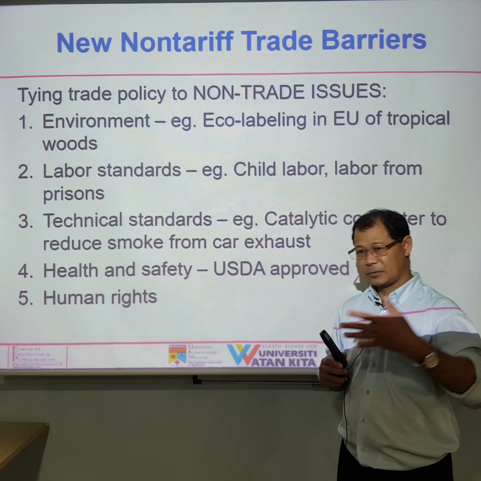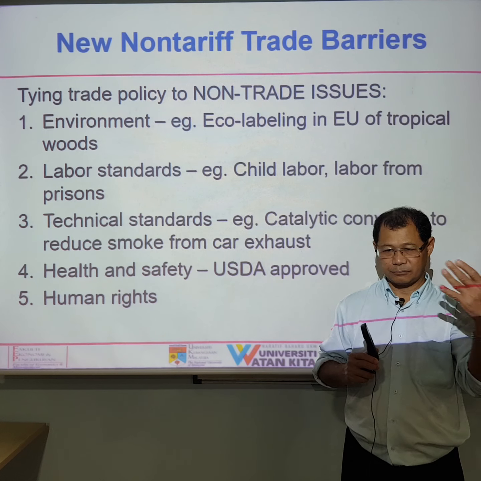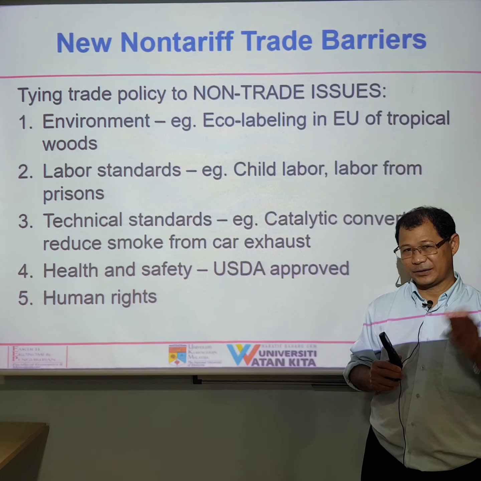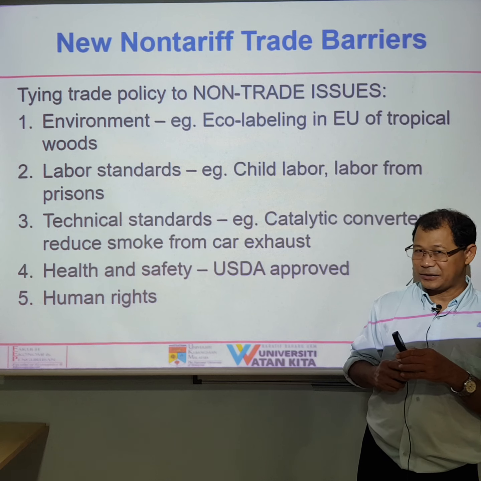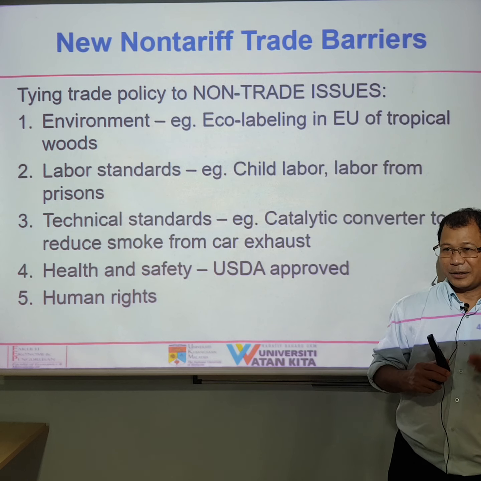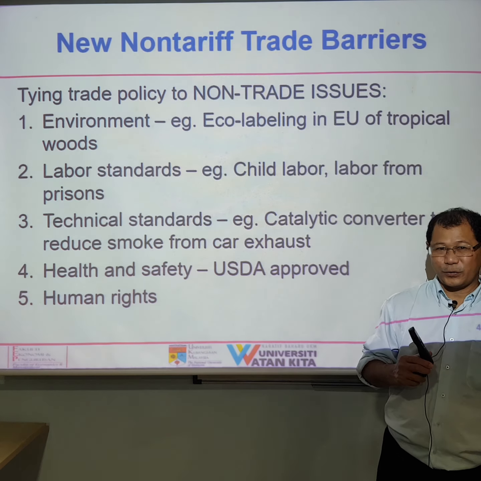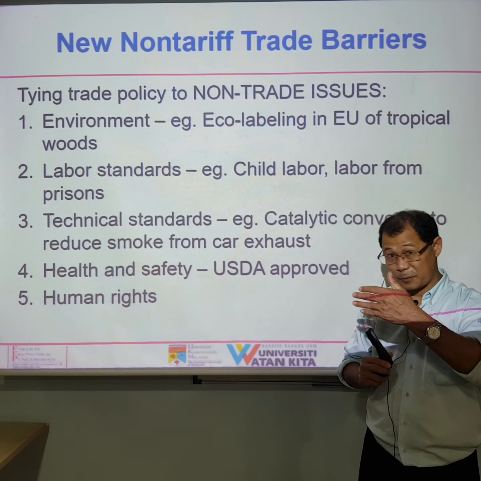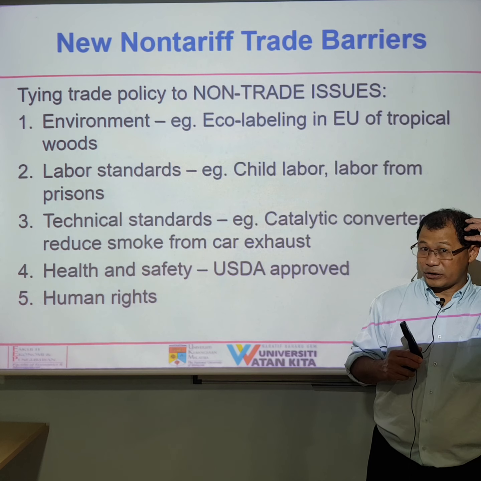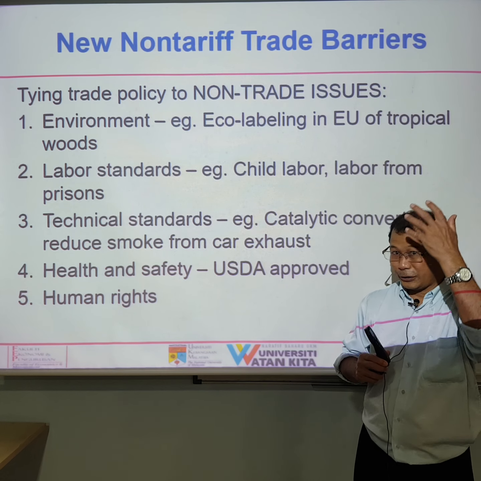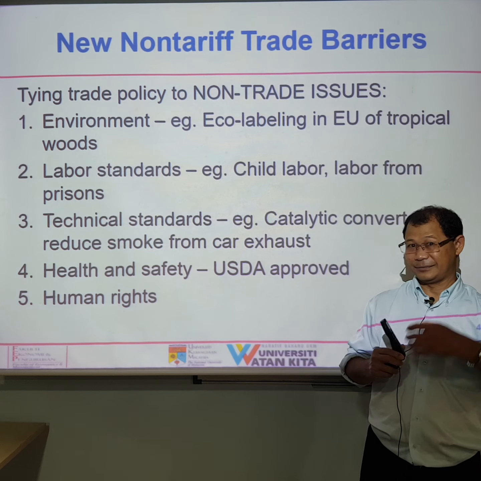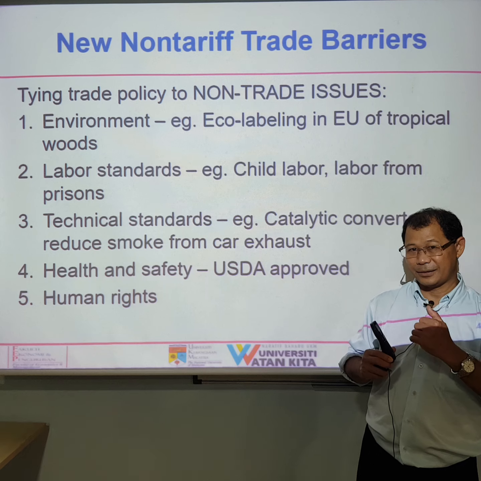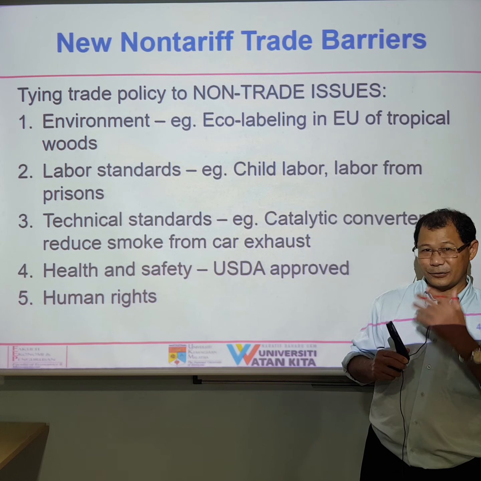In Europe, you go to the shop to buy wood, and the wood is labeled if it comes from tropical countries. European people are educated about protecting the environment. They know every piece of wood coming from tropical countries, they think of the orang-utan, the felling of trees, so the orang-utan in the jungle have no place to live.